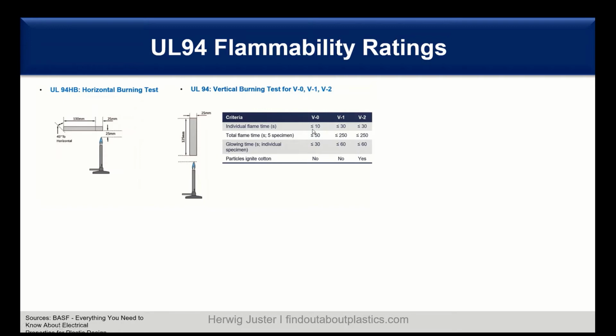To fulfill V0, we have the individual flame time under 10 seconds, then you have 5 specimens, so in total under 50 seconds, and glowing time below 30 seconds afterward. There is also a cotton placed underneath, so when some particles drop on the cotton, it is not allowed to ignite the cotton. And here is then V1 and V2.